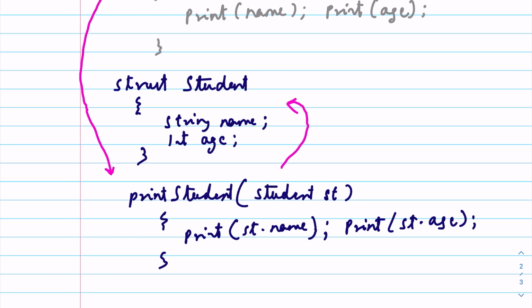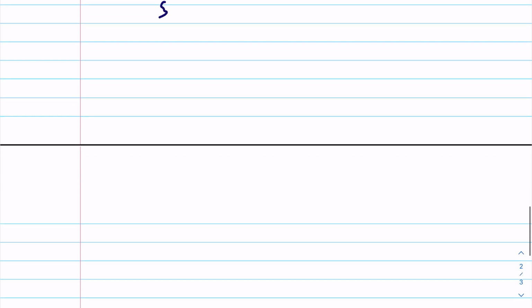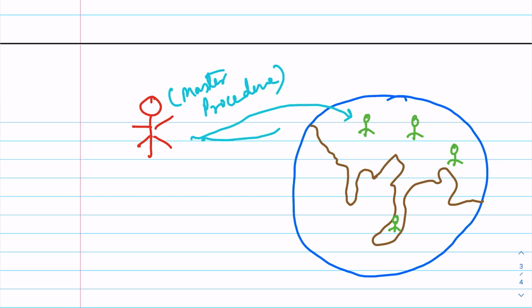So let's understand it by another example. Consider this as a master procedure. It has the ability to modify each entity.